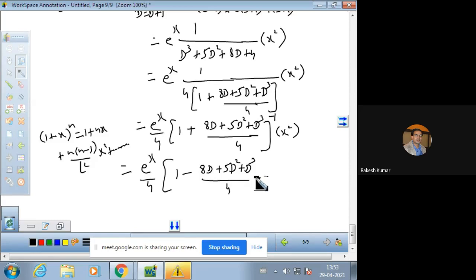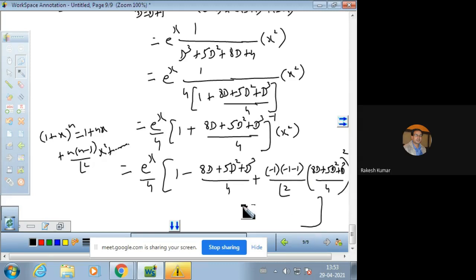And in the next we will have plus minus 1 into minus 1 minus 1 over 2 factorial into this term square, and that comes out to be 8d plus 5d square plus d cube over 4 whole square, and plus so on.